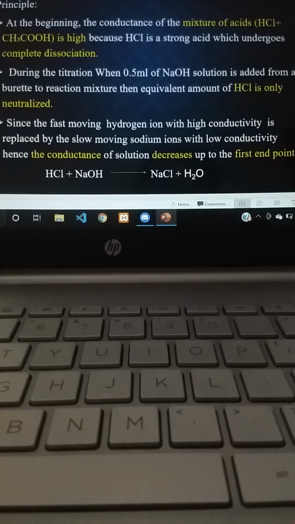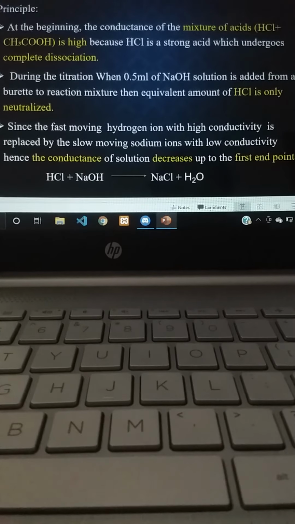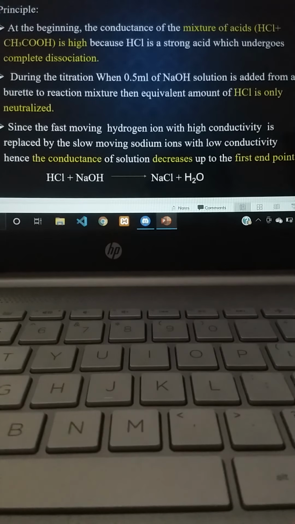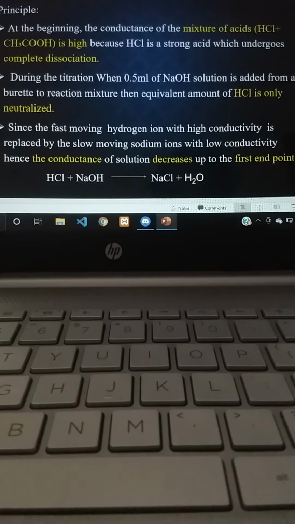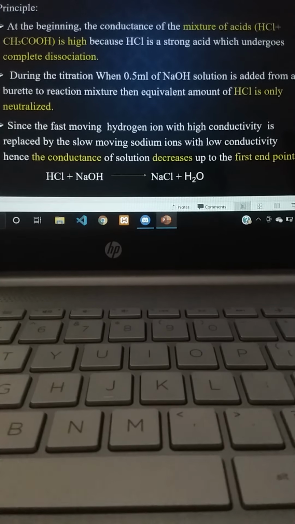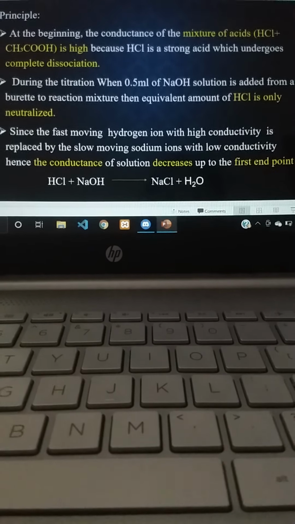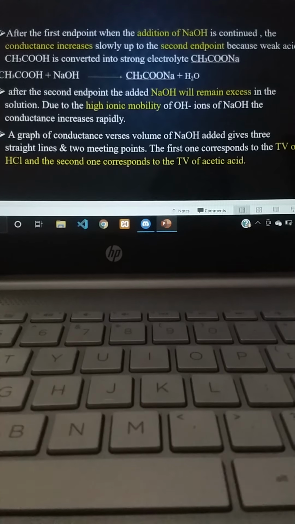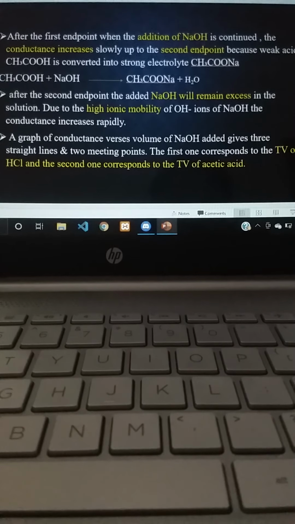Because of this, the conductance of the solution decreases up to the first end point. This is represented by the reaction HCl plus NaOH gives NaCl plus H2O.